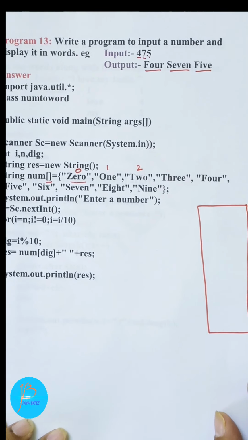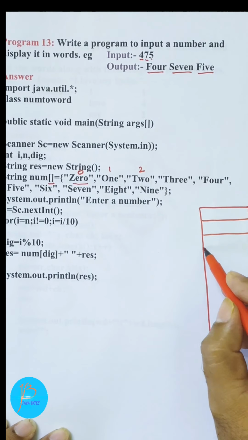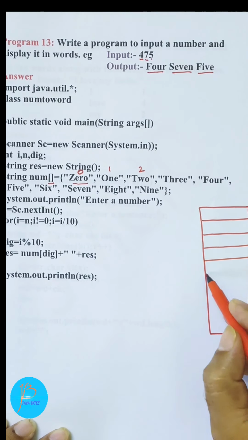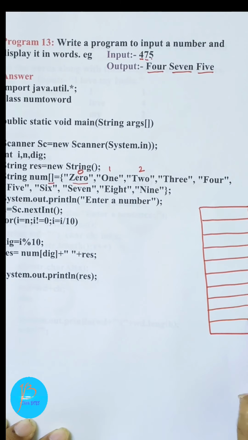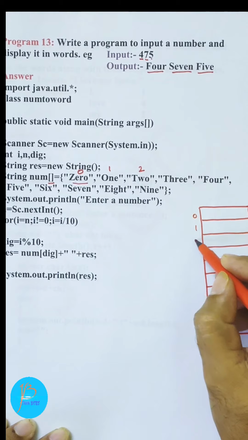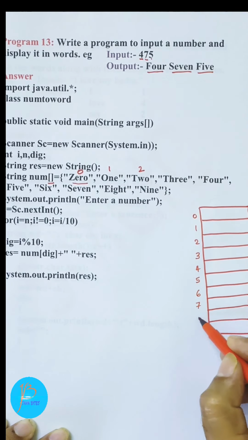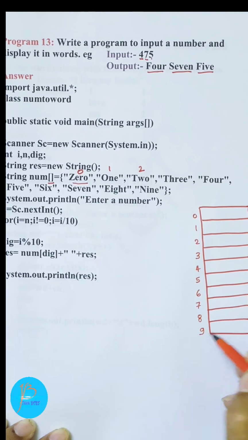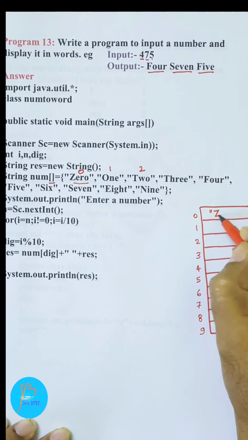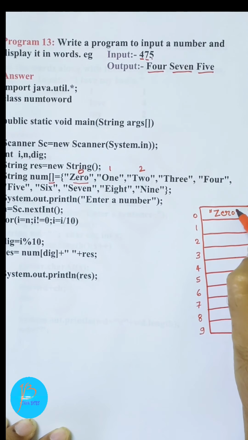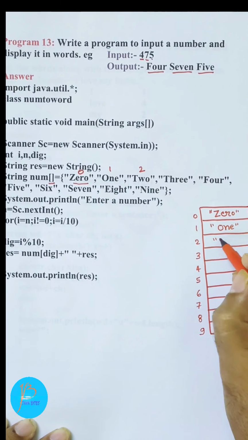In this format, all the values are defined at their proper index numbers. I show you the format of the array. The size of the array is 10, meaning indexes 0 to 9. At index number 0, see which value is stored, zero. Then at index number 1 it is one, then two, like this.